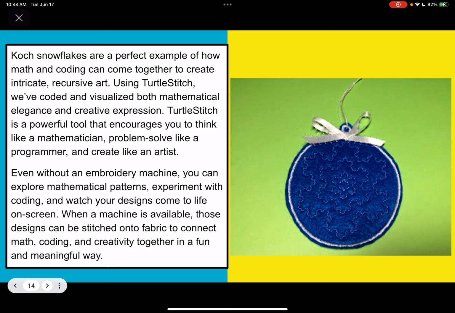Even without an embroidery machine, you can explore mathematical patterns, experiment with coding, and watch your designs come to life on screen. When a machine is available, those designs can be stitched onto fabric to connect math, coding, and creativity together in a fun and meaningful way.